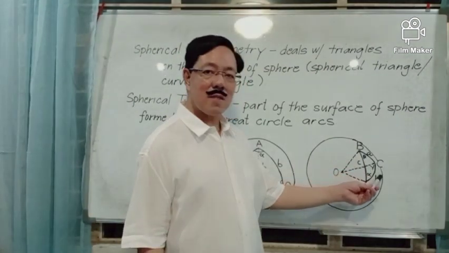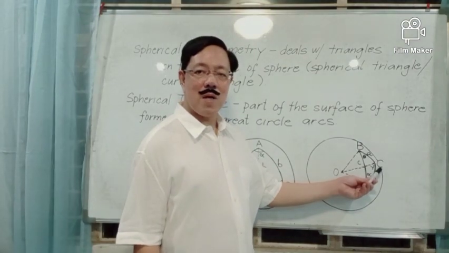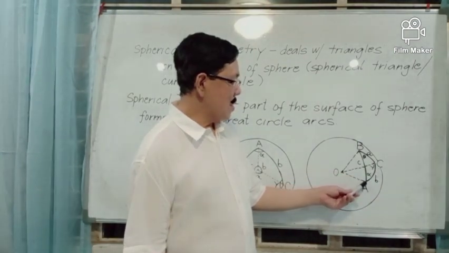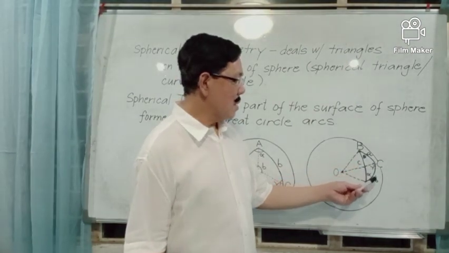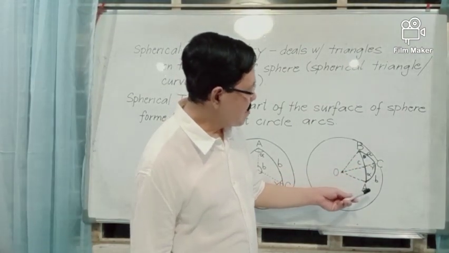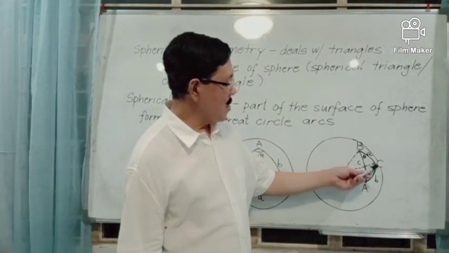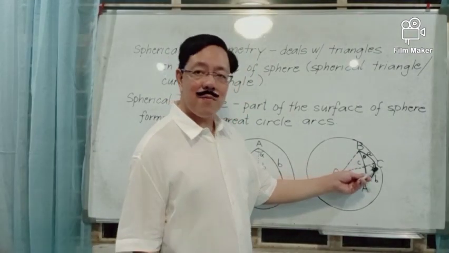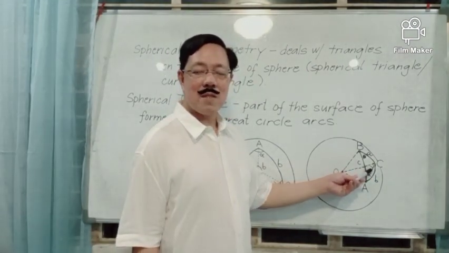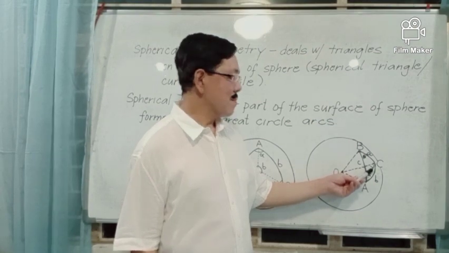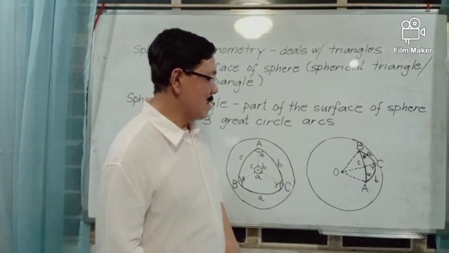Lastly, vertex C is the intersection of the arcs through vertices AC and BC. The angle formed at vertex C is denoted by the Greek letter gamma, and gamma is also on the surface of the sphere.